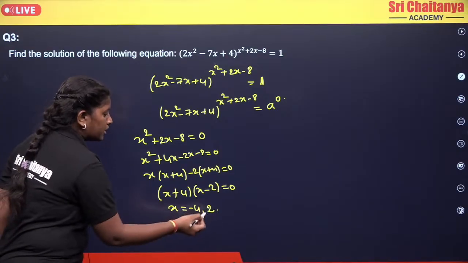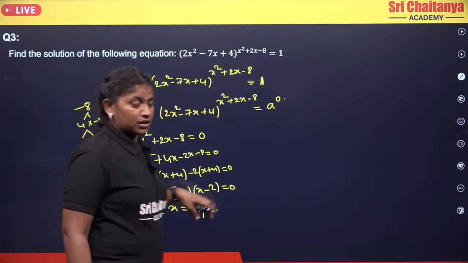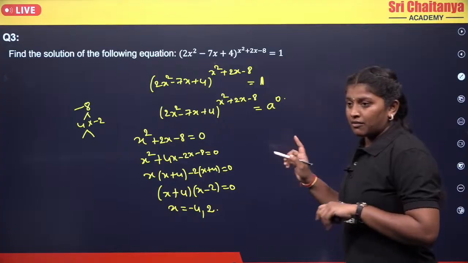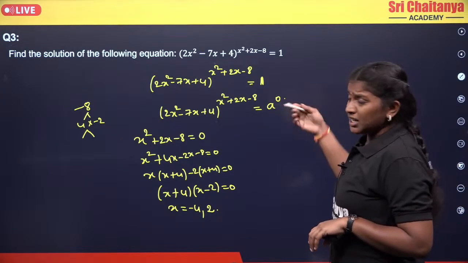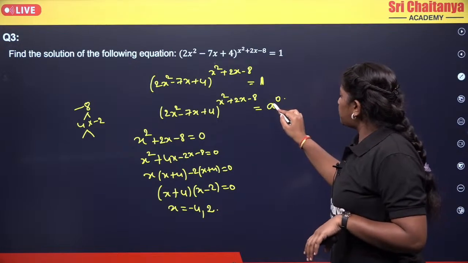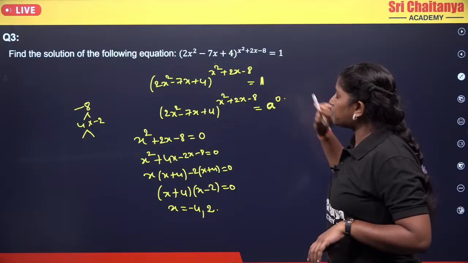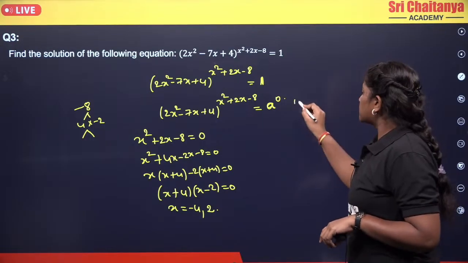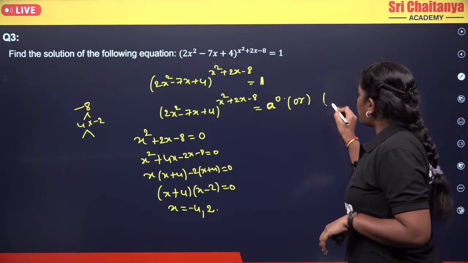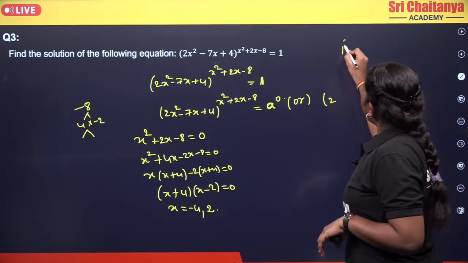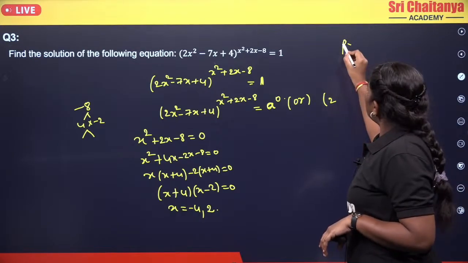So here we are not ending with this. Why? Because there is a possibility that if you have a to the power 0, you will get 1. And there is another possibility that 1 to the power anything will also be 1 only, right? So we can take (2x² − 7x + 4) to the power (x² + 2x − 8) equals 1 to the power anything.